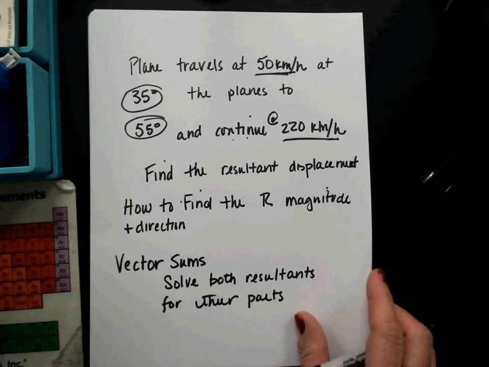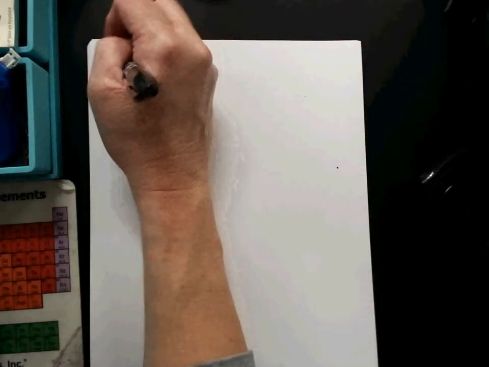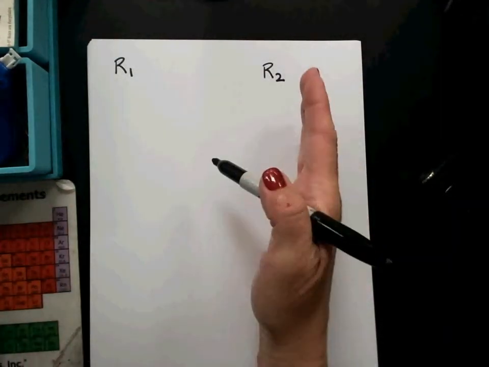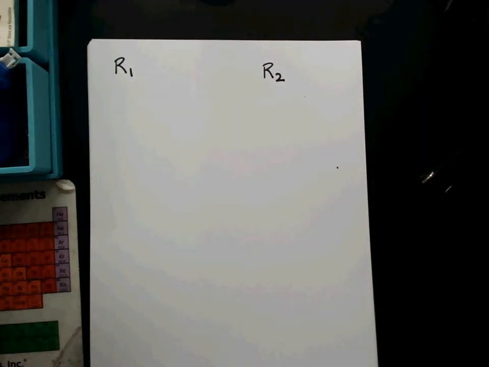So I'm just going to give you a list of steps, and then we're going to work one. The first thing you're going to do, and we're just going to call this R1, and you would do the same thing afterwards, after you've done R1, you do the same thing for R2, or R3, or R4, however many there are.